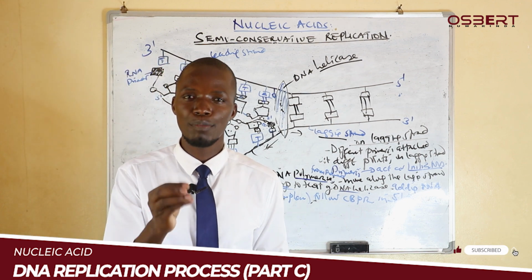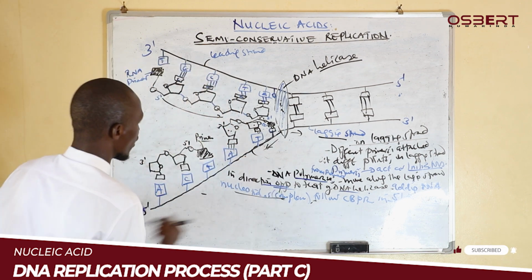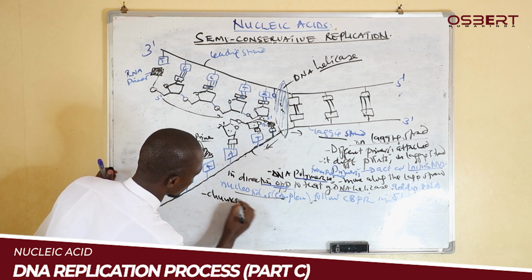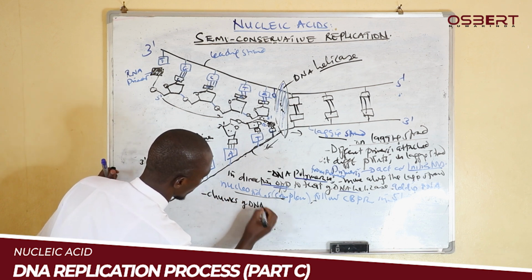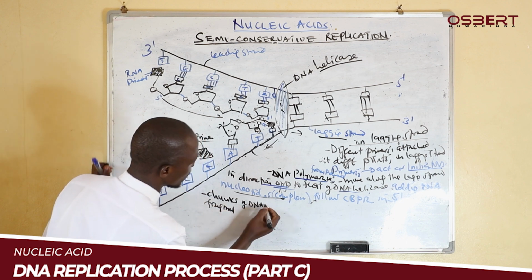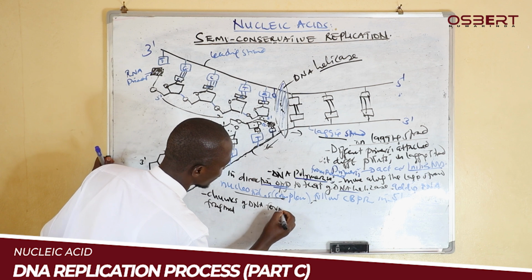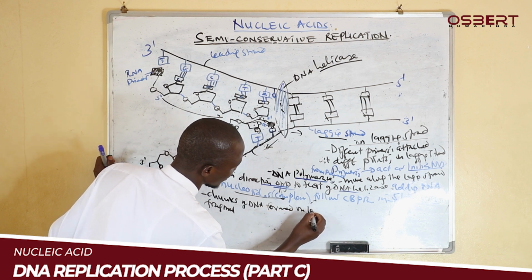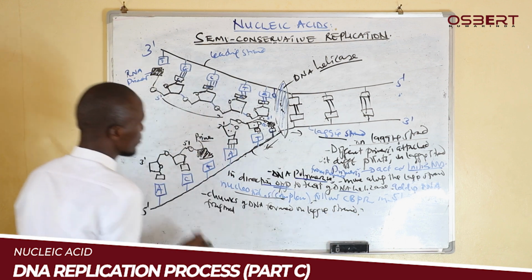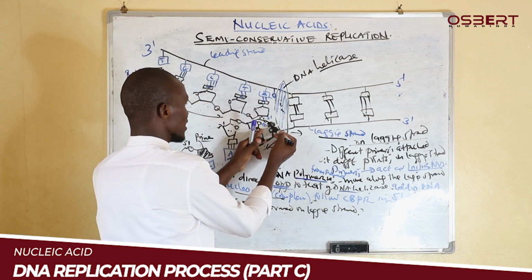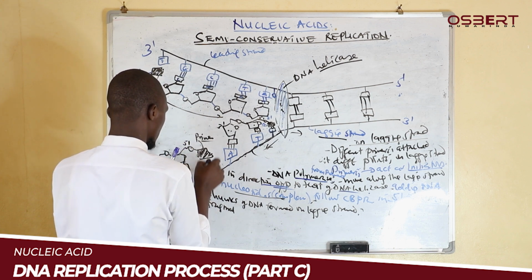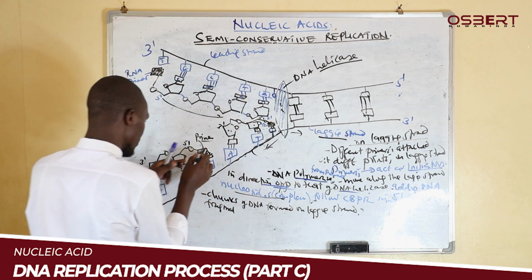Here we end up having chunks of DNA, which you can also call fragments. So fragments of DNA are formed on the what? On the lagging strand. Why are they being formed? We are forming chunks because the DNA polymerase came, and after reaching here, it formed a primer, then it paused. Then at the same time we also have this one like that.